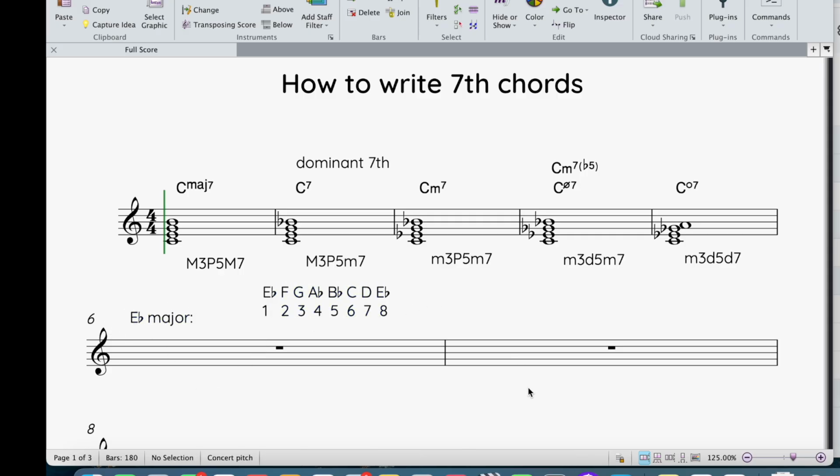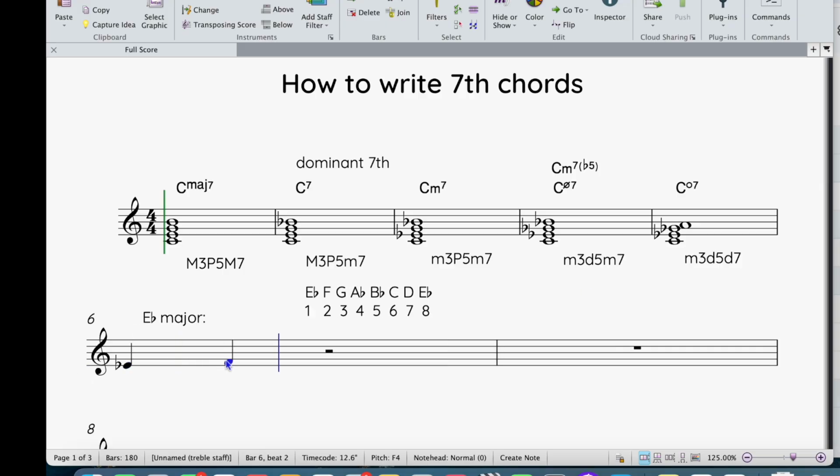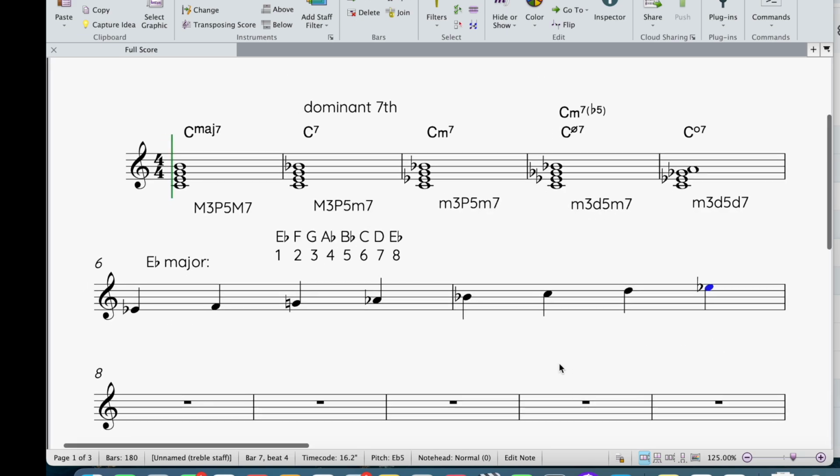Right, and I'll draw the notes here. So we need E flat. Oh, good grief. My coordination skills here are pretty bad. So G, A flat, B flat, C, D, E flat. All right, so there's the notes of the scale and you'll be able to see those.